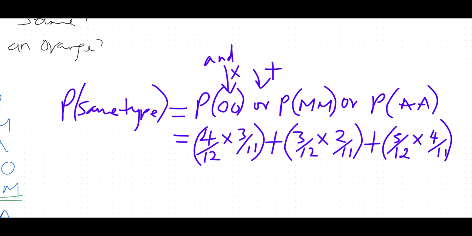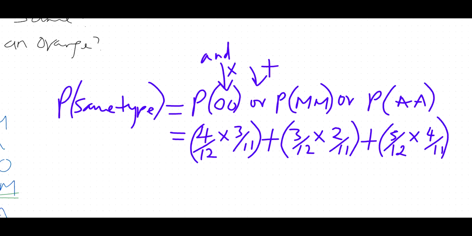And then now you can try to simplify that. You can try to simplify that. So this one clearly, you can see that you can cancel out 4 by 4, 3 by 3.